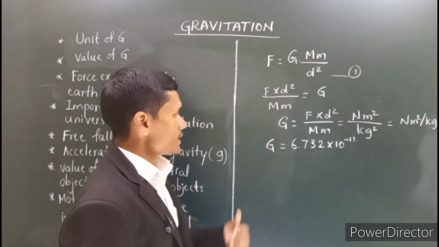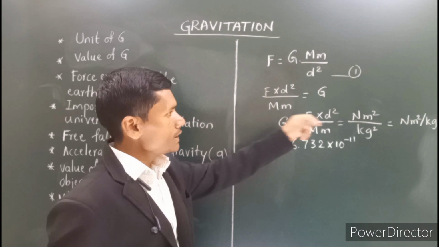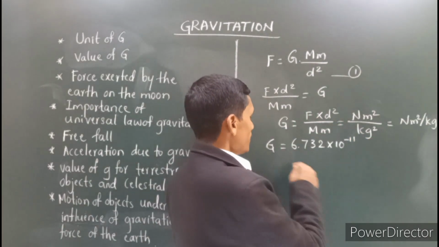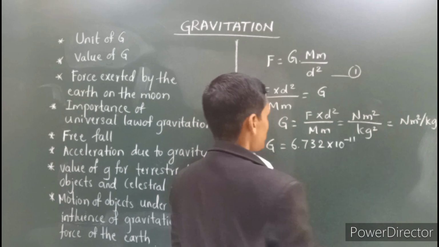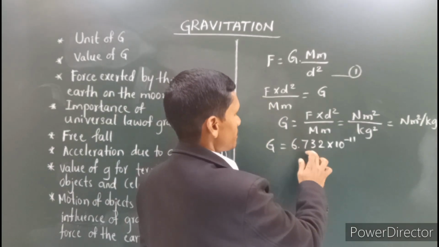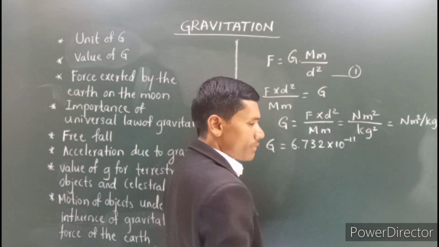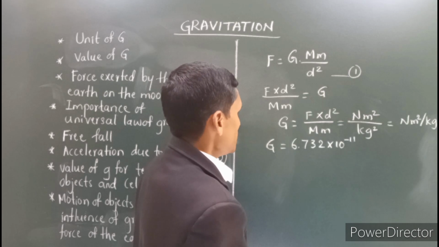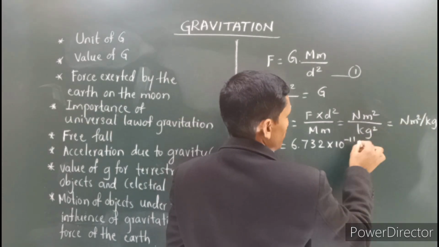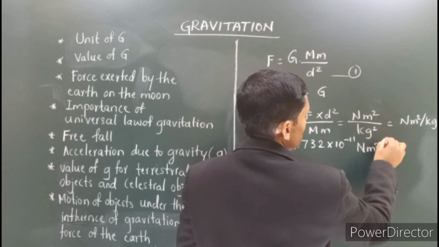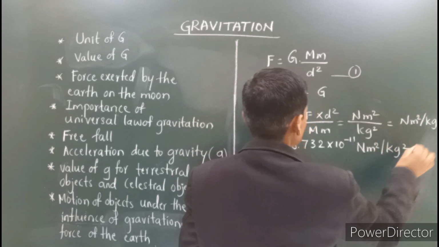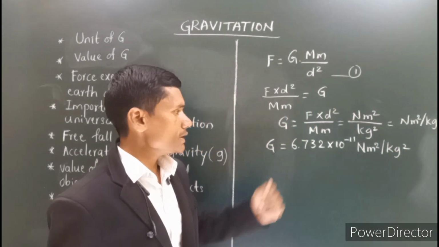So this is the value of G, and this is the unit of G. When we express this, the unit of G is Newton meter square per kg square, and its value is 6.732 into 10 to the power minus 11.